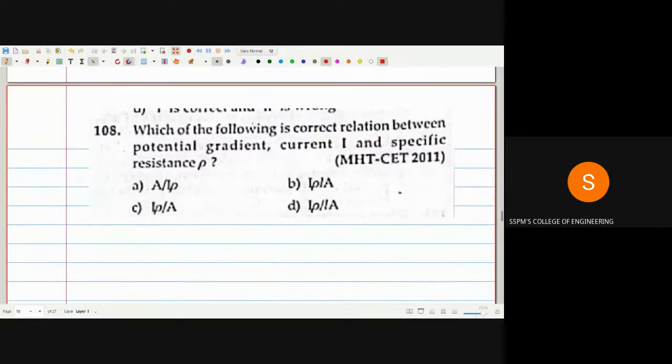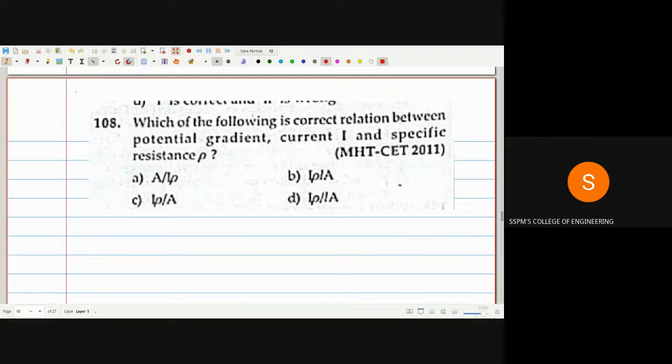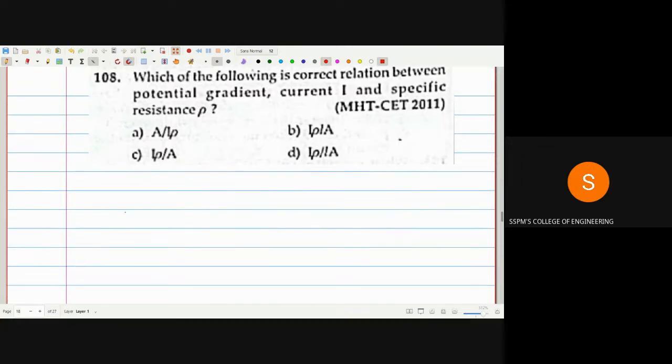Next question, which of the following is a correct relation between potential gradient, current I, and the specific resistance? You know the equation for R. The equation for R is equal to rho L by A, where rho is the specific resistance, L is the length of wire, R is the resistance. Get it?